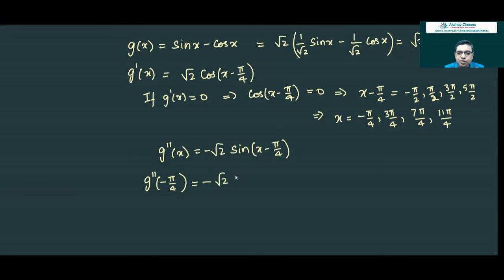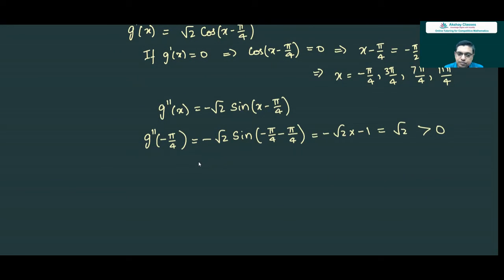We get minus root 2 sine of minus pi by 4 minus pi by 4, that is minus pi by 2. Sine of minus pi by 2 is minus sine pi by 2, which is minus 1, so the second derivative is root 2, greater than 0.